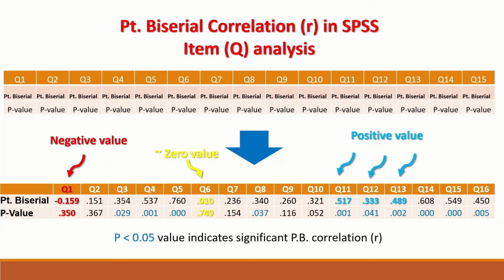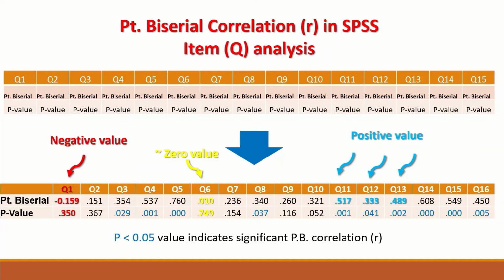If we look at question number 6, which is labeled yellow, the value for the coefficient, the R, is close to 0 and the p-value is very high. So this question is not discriminating between high and low students. It is close to 0 and is considered a bad question, and it is required to be either modified or omitted from the exam.